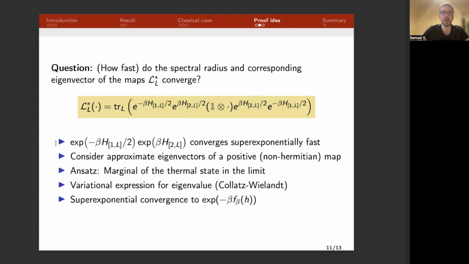Given that the convergence rate proven in Araki for this factor is super exponentially fast, we were able to also prove super exponential convergence of the spectral radius of this L star L map to the true free energy, or rather exponential of minus beta times the true free energy. The super exponential convergence versus just exponential convergence is actually what gives us improvement in our algorithm from polynomial time to subpolynomial time.